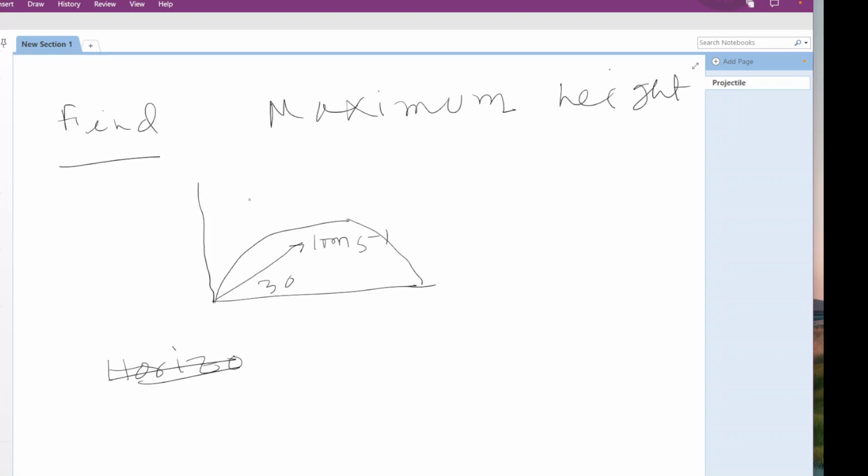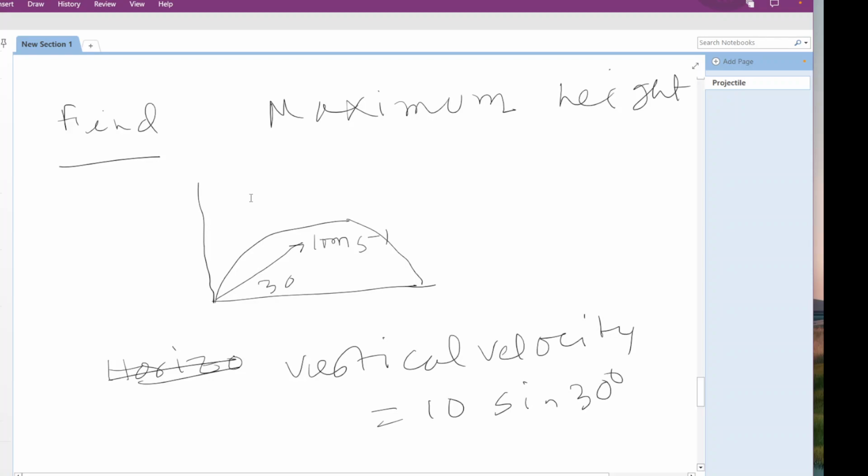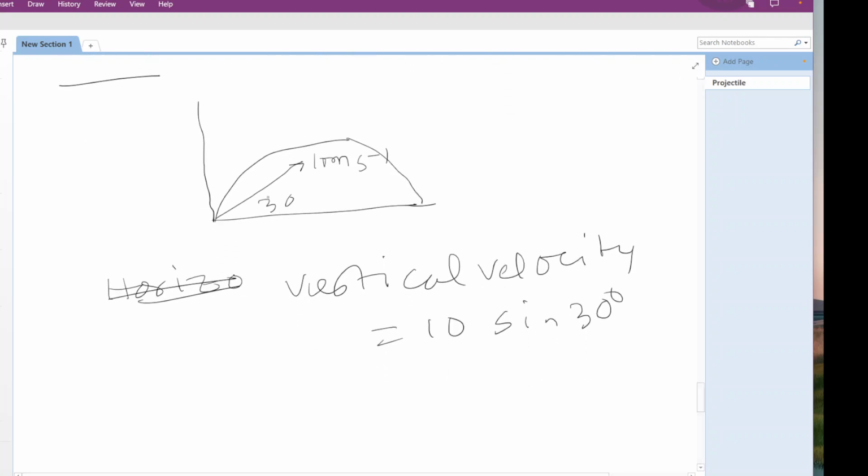In this case, you are required to resolve only the vertical component. Vertical velocity equals 10 sin 30 degrees, and 10 into half is 5. This is the initial vertical velocity.